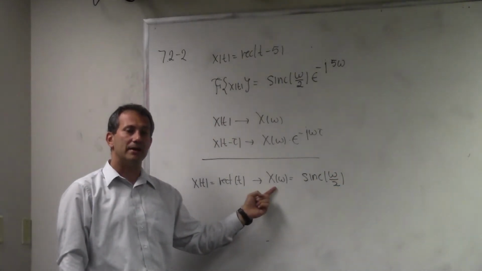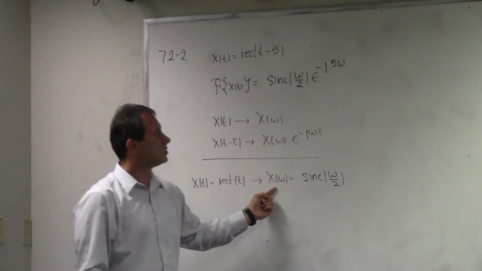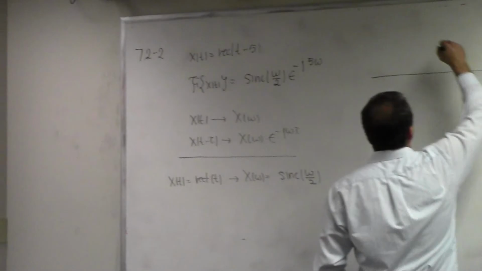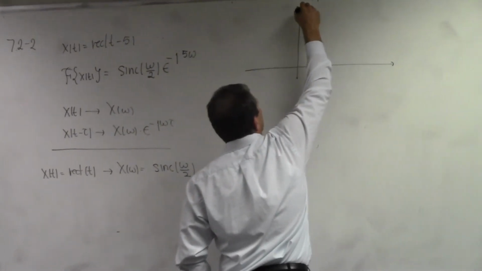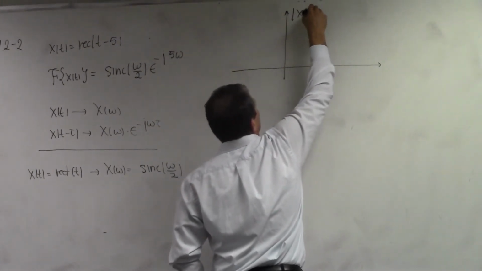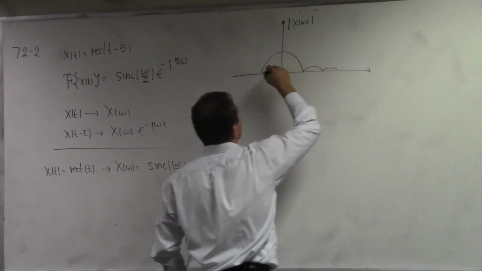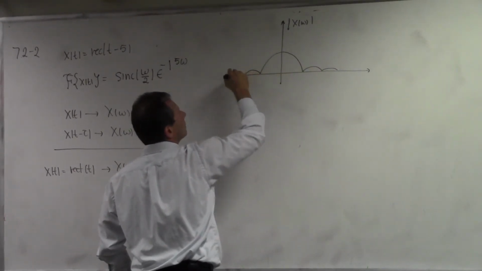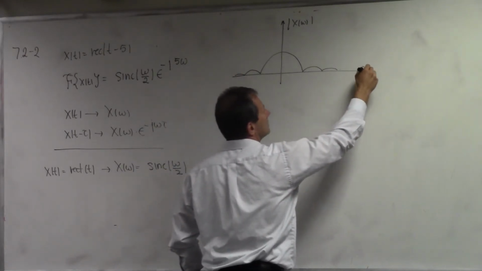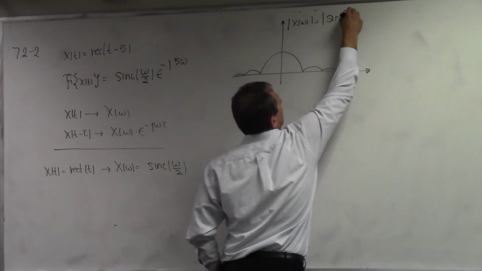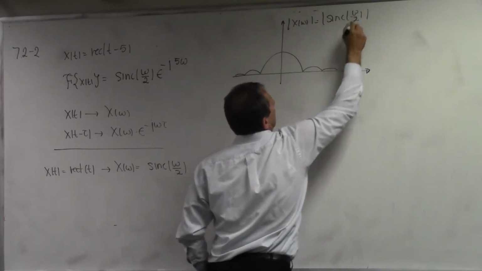It has a magnitude and a phase. So let's sketch it. The magnitude looks like this. It looks like sinc squared. That's the magnitude, sinc of omega over 2.